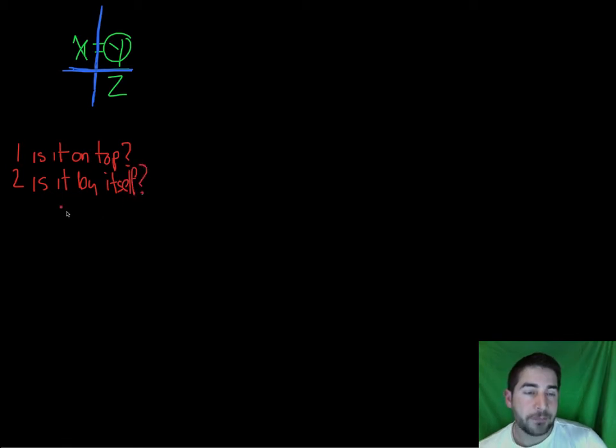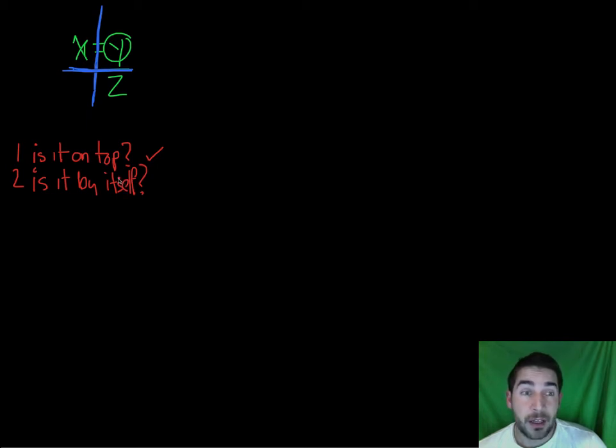What's the "it" I'm talking about? The thing I circled, whatever variable I was solving for, whatever variable had that question next to it. Is it on top? By top I mean you put the cross up, is it on the top of the cross? So is y on top of the cross? Yes, in this case it is. So check, I'm done with that. We can move on to the next part.